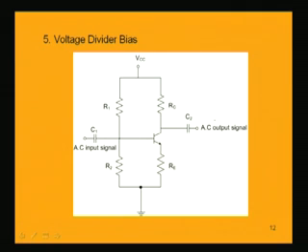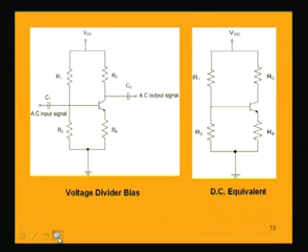Now in this circuit, if we analyze the DC condition, that means we open circuit C1 and C2 under DC condition, it will be this circuit, which is the DC equivalent circuit for this amplifier. Here R1, R2 are the resistances, and RC, RE are the resistances in collector and emitter.